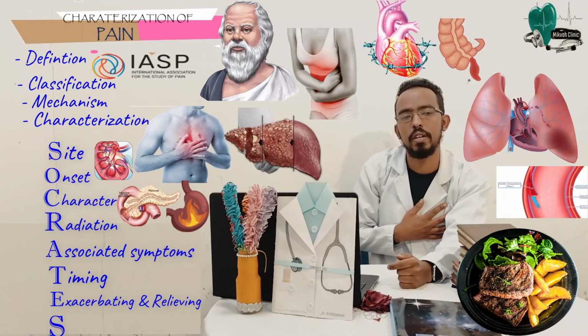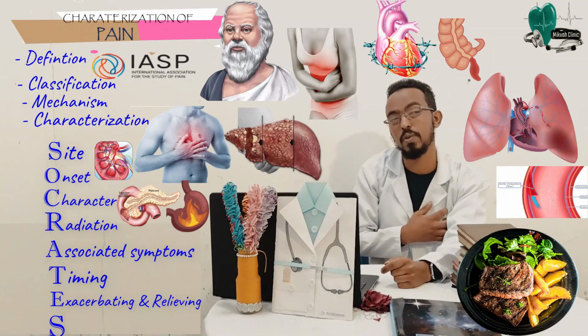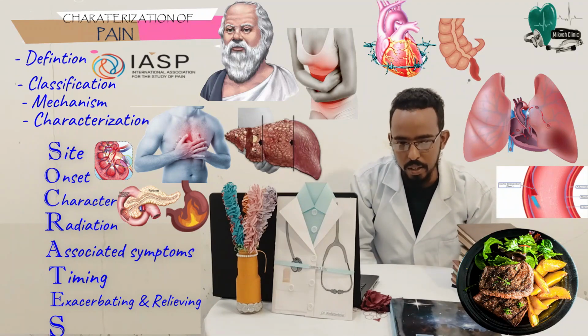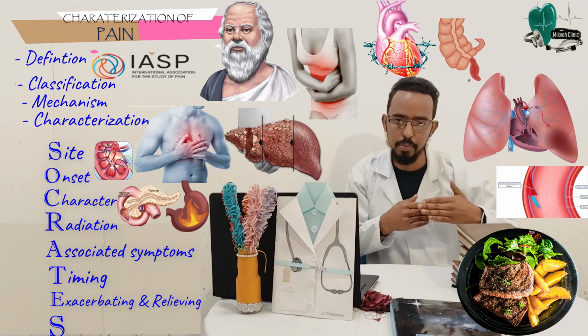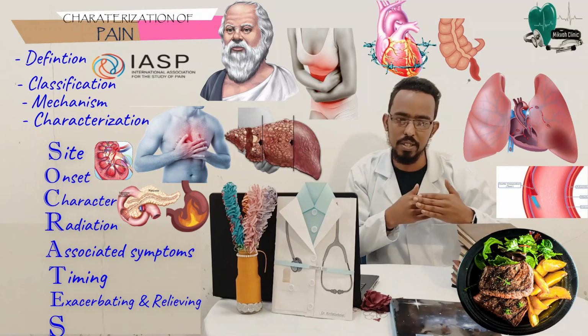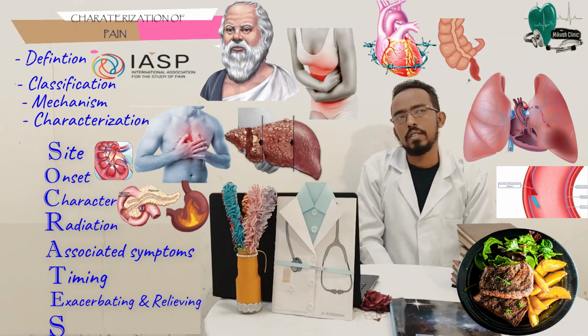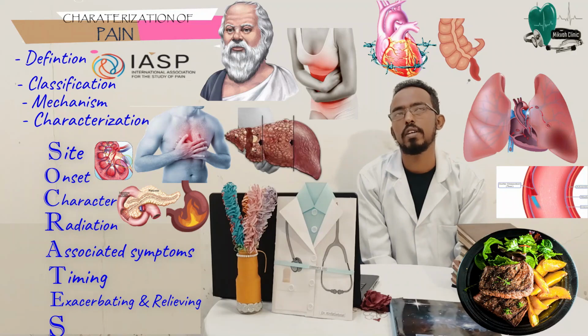So after radiation, the next thing is associated symptoms. In addition to the pain, what does the patient experience? For example, pain with cough, and he also has palpitation with shortness of breath. The constellation of those symptoms will lead you to a diagnosis.